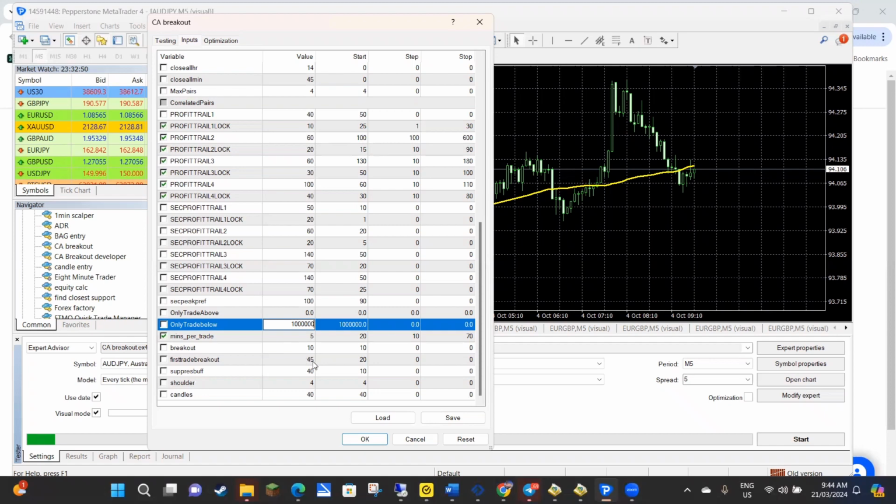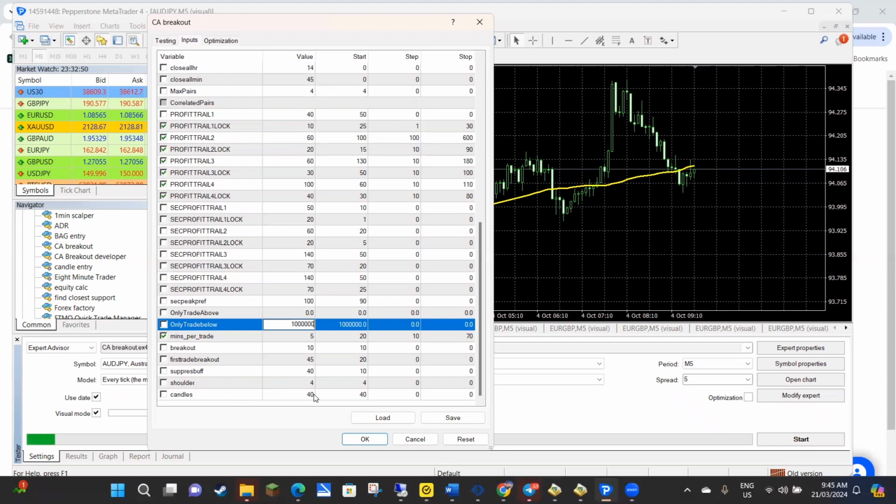First trade breakout, that just means the market needs to break out of that range by 45 points before it will trade. And then the cost averaging trades only need to break out by 10 points. And the shoulder, I'll probably remove this setting from the user options because it's always going to want to be on 4. That's just one of the little settings it needs. So you might not even have that shoulder in your settings by the time you get the software.